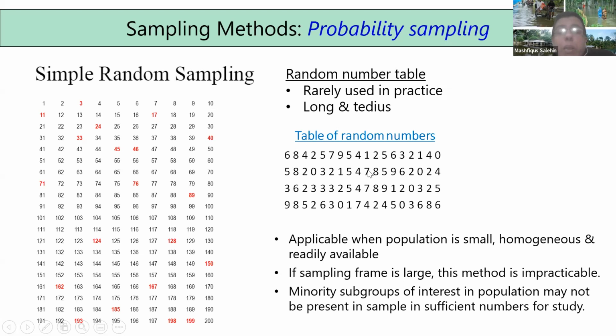That would be your simple random sampling. But you can imagine, this will be a very long and tedious process. And these random number tables, although commonly used long time back, for big, fairly large questionnaire surveys, are rarely used these days.